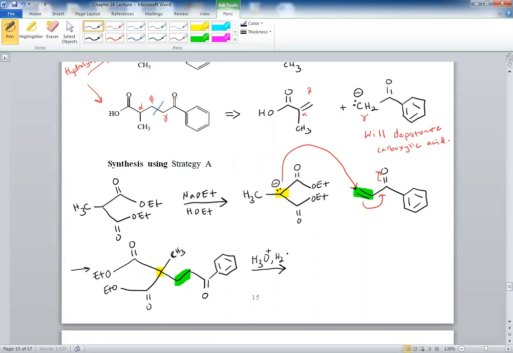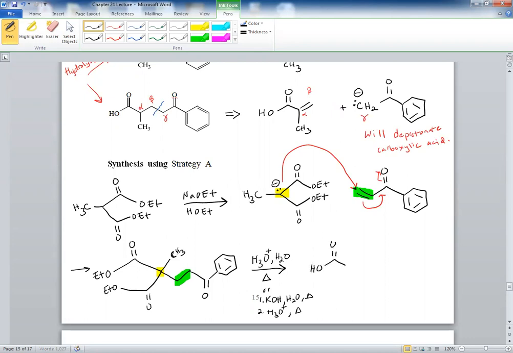H2O and then heat, so this is the acidic hydrolysis, or you could use the basic, KOH, H2O, heat, that's the first step, and then the second step would be the acid conditions and heat. This finally will cause hydrolysis of the ester and decarboxylation, and then you will end with the product that we made.